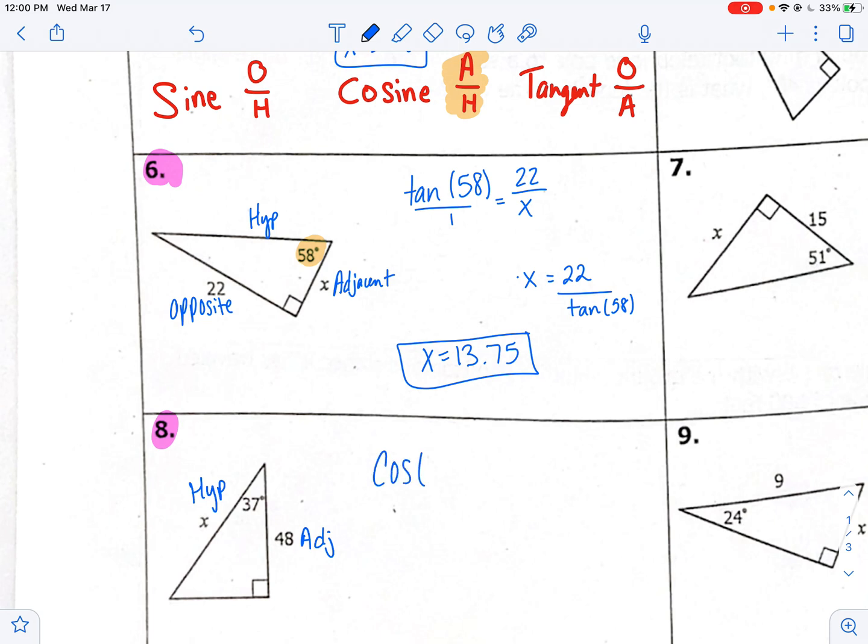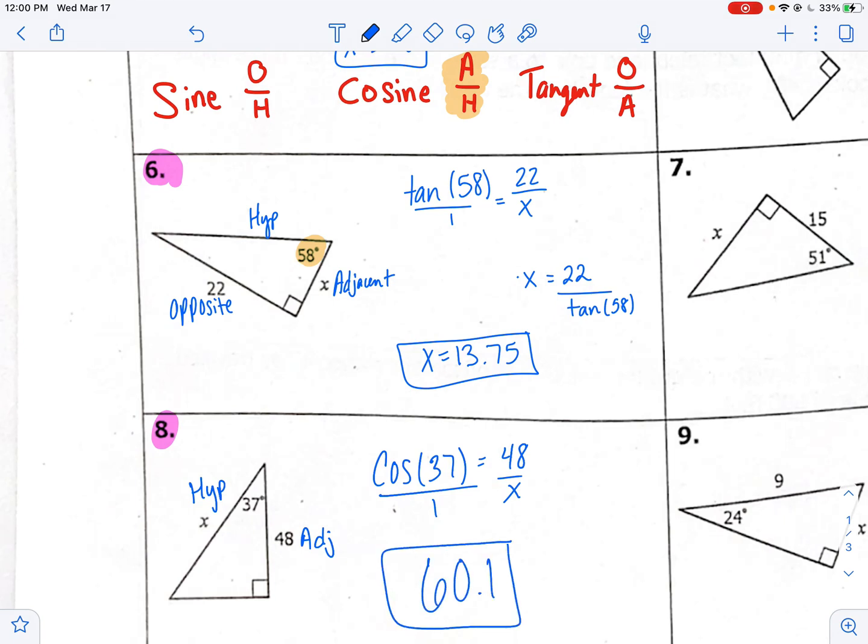So cosine of 37 equals 48 over x. So it would be 48 divided by cosine of 37, which would get you 60.10. That's how you would do it if you end up with the x in the denominator of your fraction.